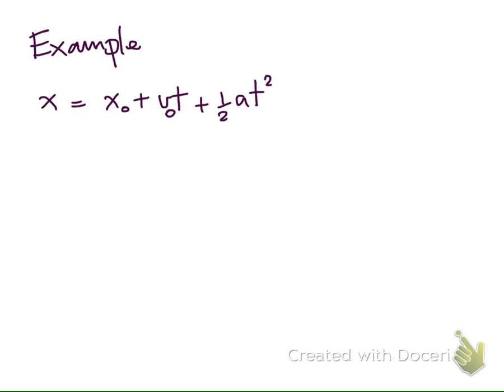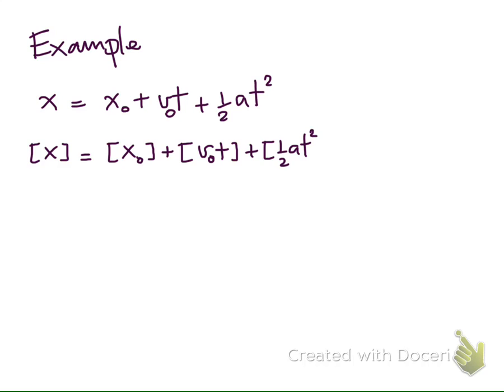First, we must have that on the left, the dimension of x, the length, must equal the dimension of x0 plus the dimension of v0 t plus the dimension of half of a t squared.